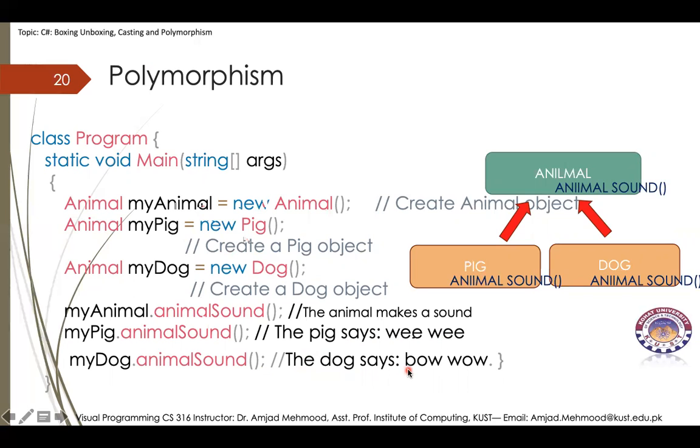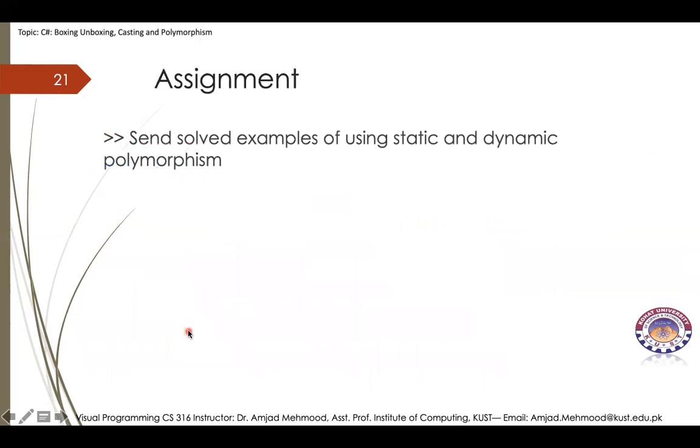So now we got this concept that if you want to use polymorphism, we have to use the virtual keyword with the method of our parent class, and the child class will write override to override that.